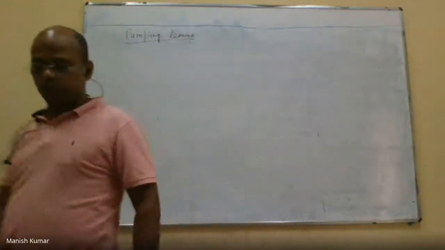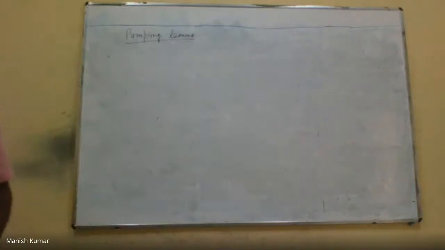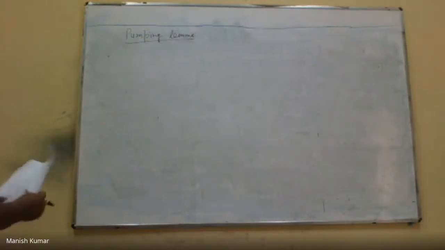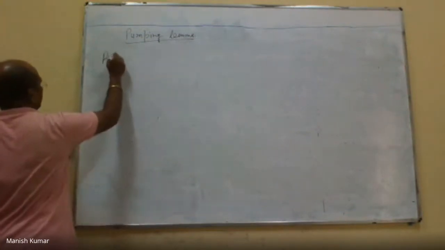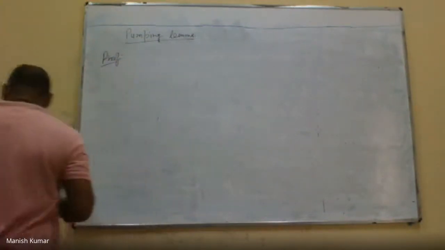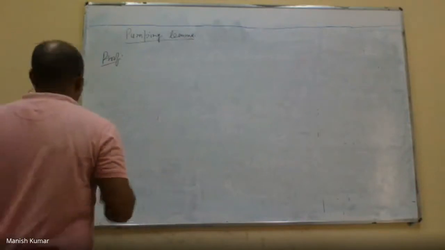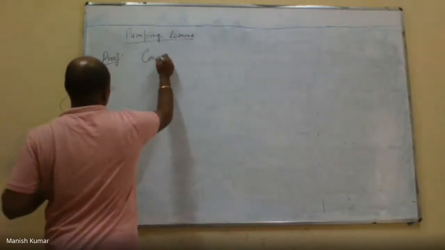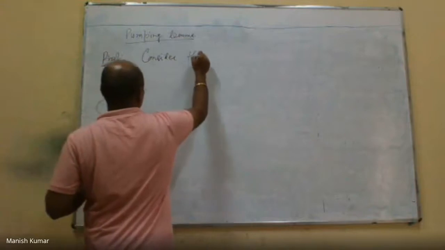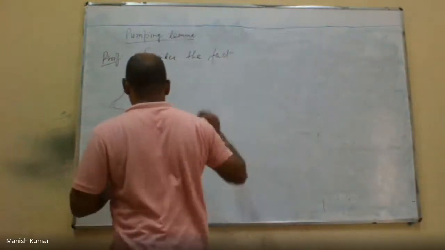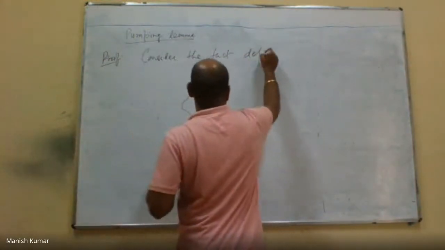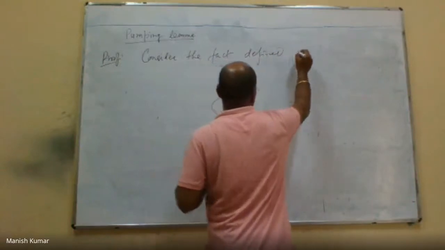So what we do is prove this by making use of a fact. What proof of the pumping lemma do you have? First of all, we consider a fact defined earlier.